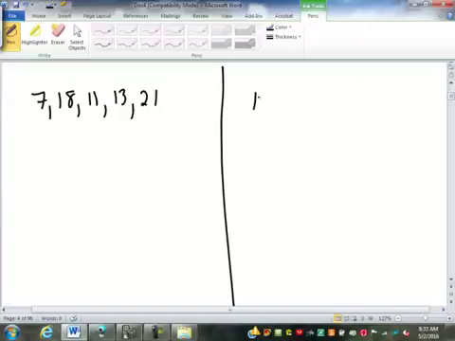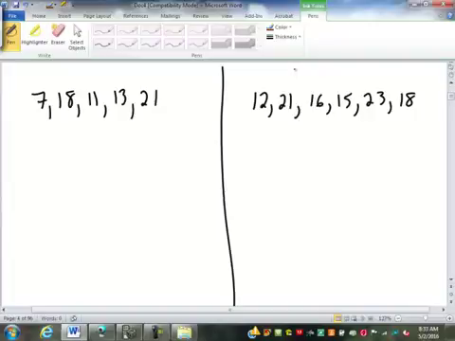My second set of numbers is right there. So this is going to allow me to do two examples of each type.